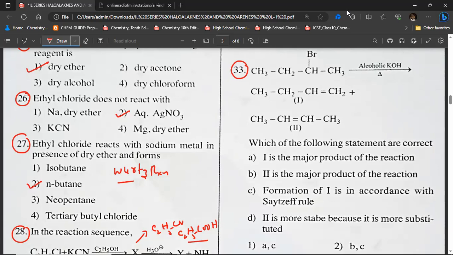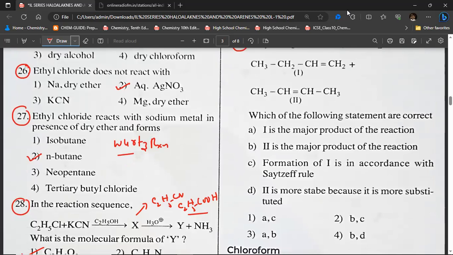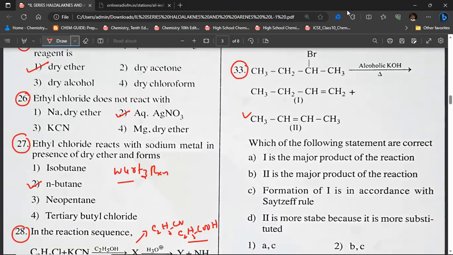So the second one is the major product. The second structure is highly alkylated alkene, which is one of the important Saytzeff rule related concepts. But the first one is not following Saytzeff rule. So B and D are the right option for this question. 33.